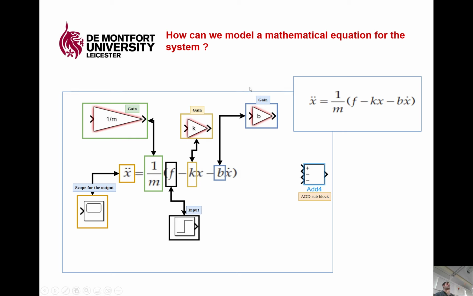We have here acceleration equals 1 over m times f, which is the force, minus kx, where k is the spring, and b is the damper. A super simple equation. So how can we model something like that? Which blocks can we use to model this equation? This one is super simple. You might have two equations for 2 degrees of freedom. How can you connect them?